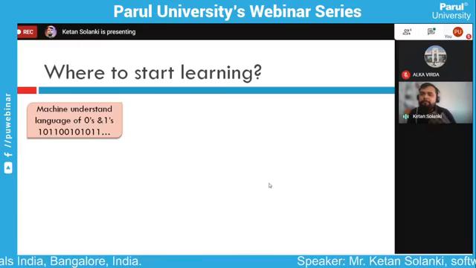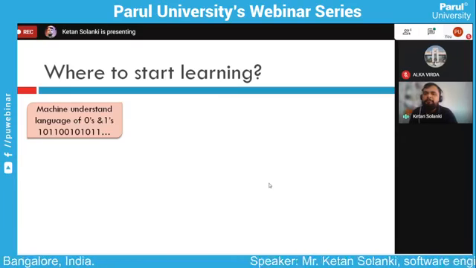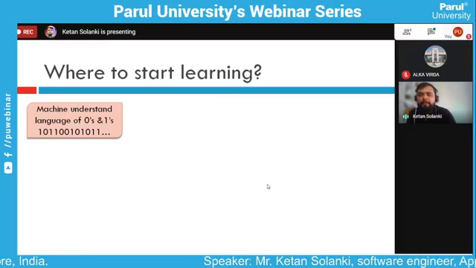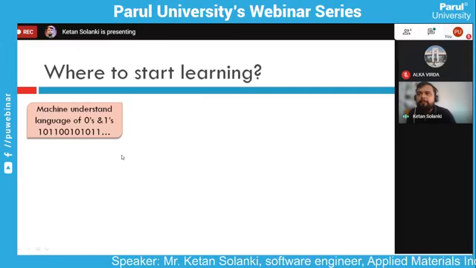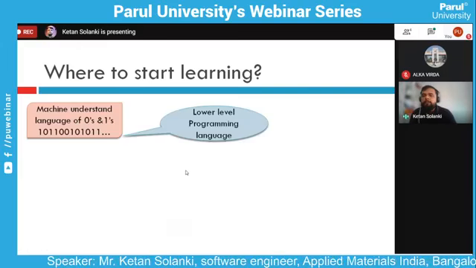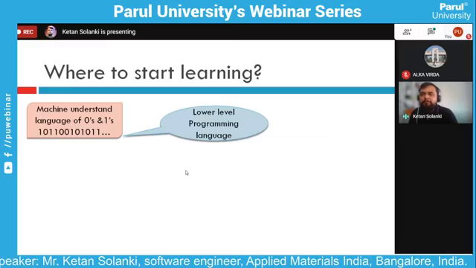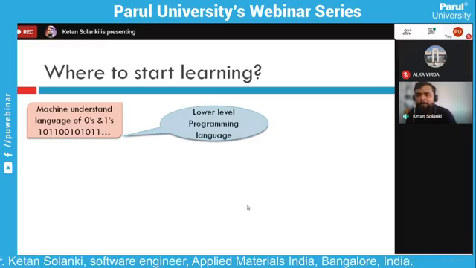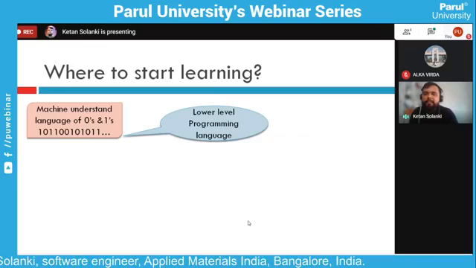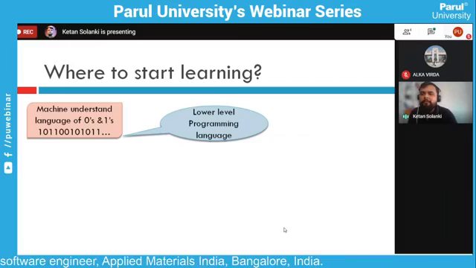Even if we deal with robotics or mechatronics, or any hardware, it will only communicate with the zeros and ones language. So to communicate more easily, we have lower level programming languages that humans can understand, which give a very easy way to interact with the machine.